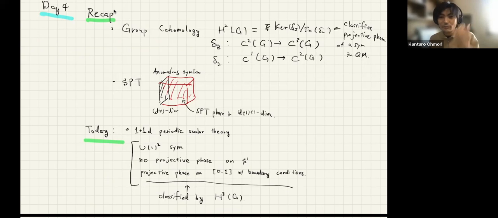We usually use this as a definition, though there should be a more intrinsic definition of anomaly of a symmetry purely in terms of the D+1 dimensional theory.